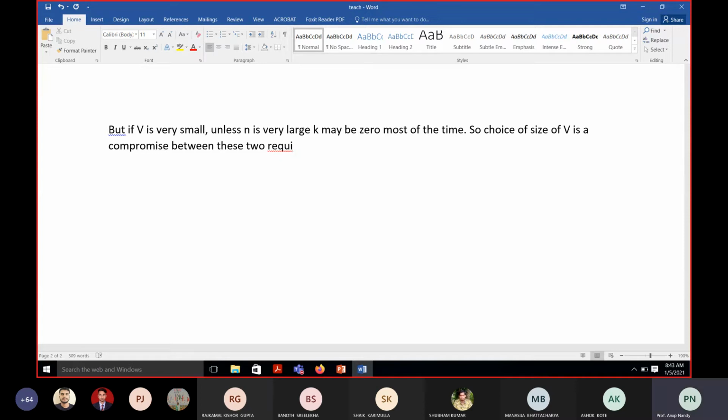Now we are going to have some mathematical way. As explained here, if V is very small, unless n is very large, k may be 0 most of the time. So you have to choose the size of V in such a way that these two requirements are met.